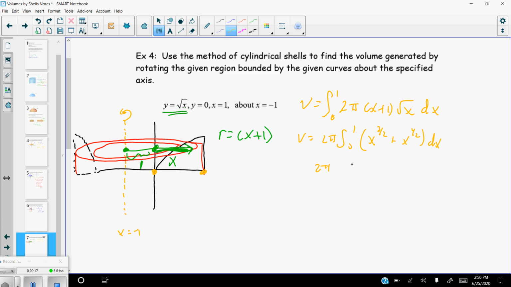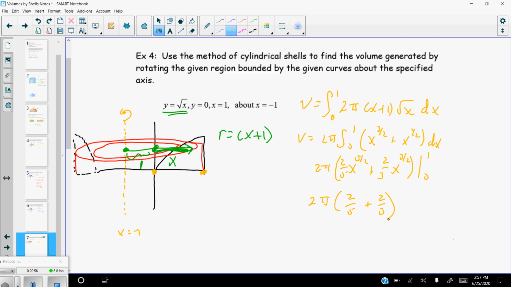The antiderivative of x to the 3/2 is x to the 5/2 divided by 5/2, which is multiplying by 2/5, plus x to the 3/2 divided by 3/2, which is multiplying by 2/3, and we'll evaluate that from 0 to 1. If I plug 1 in, we get 2/5 times 1, which is 2/5, plus 2/3 times 1, which is 2/3. And if I plug 0 in for the x's, those both go away, so we're good to go there.